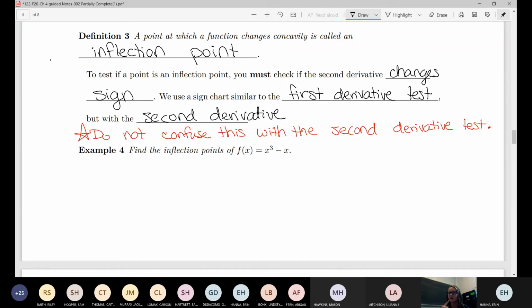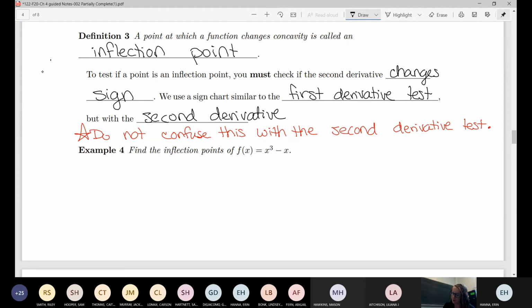So we find the second derivative. We set the second derivative equal to 0. We plug in those points on that number line, and we plug the points into the second derivative. So it's exactly the same type of process as the first derivative test, but everything's in terms of the second derivative. So we're going to look at this first example here, and then on Monday we'll have a few more examples of all this kind of stuff.